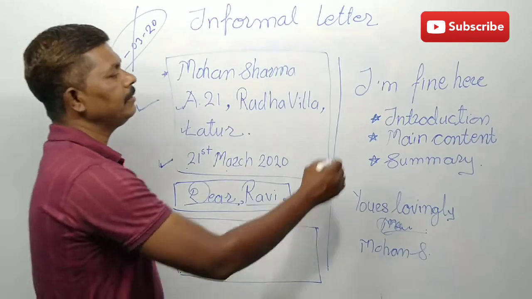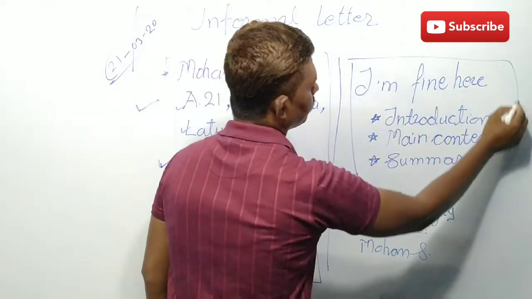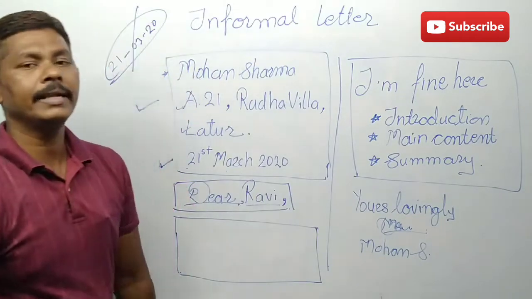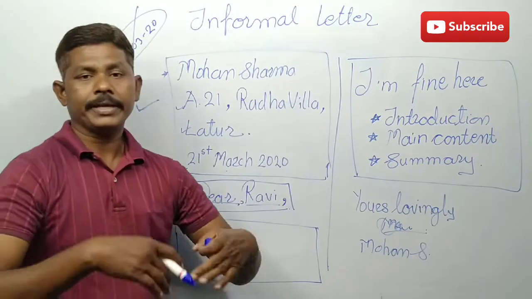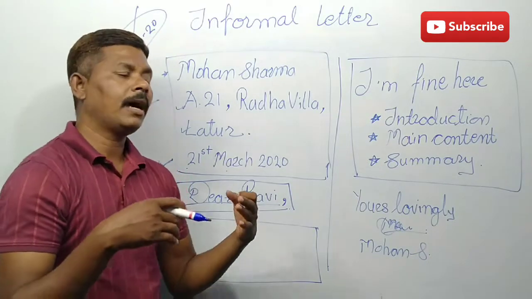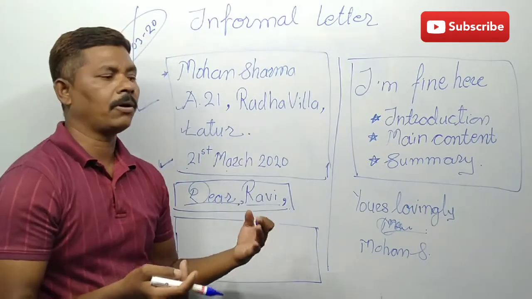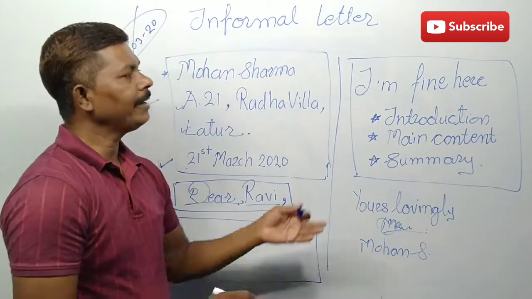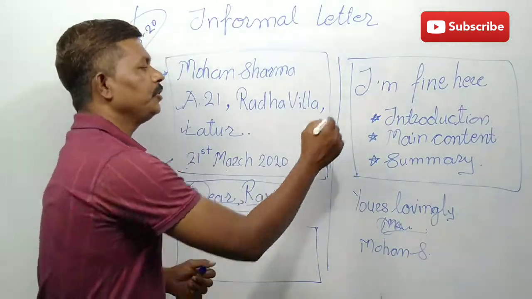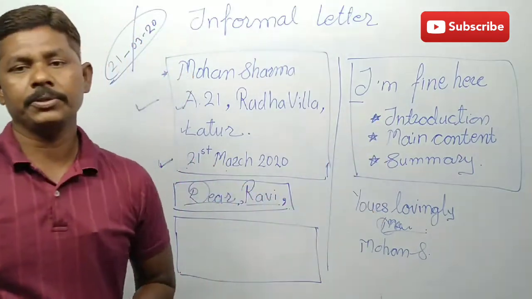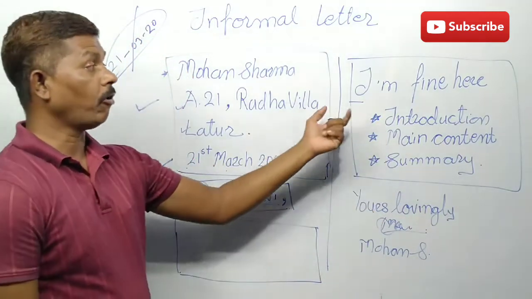And what should be there in your body? As your letter is an informal letter, you can talk informally. You can ask about the situation, and you should start your body or matter informally.